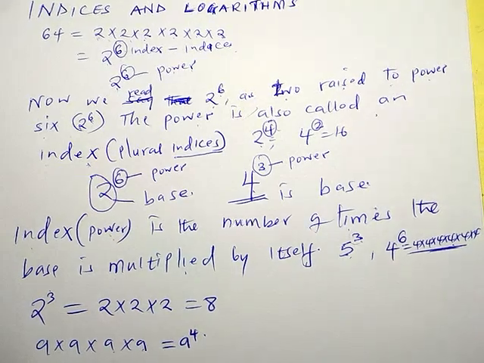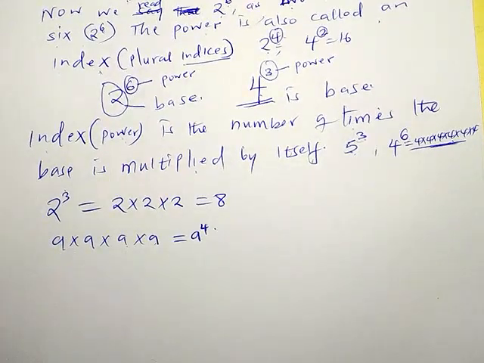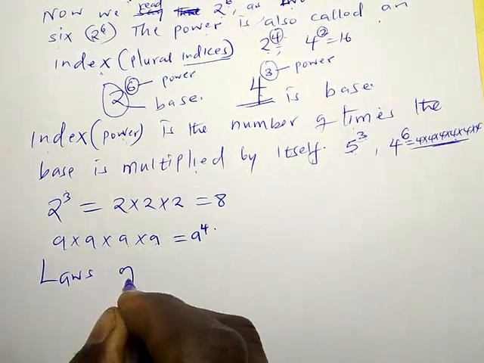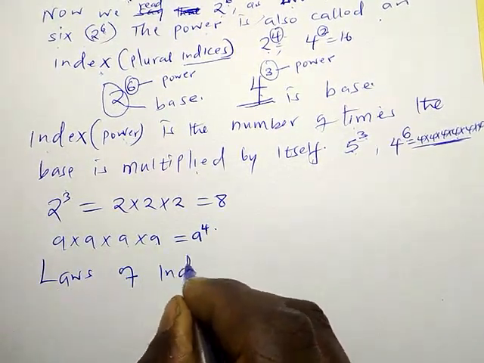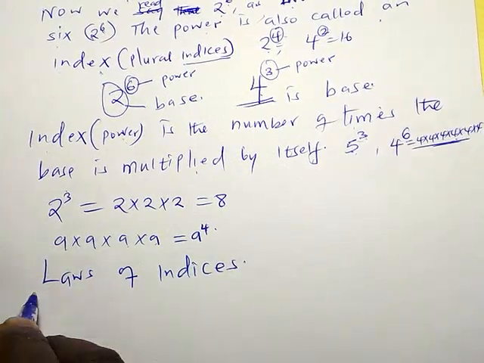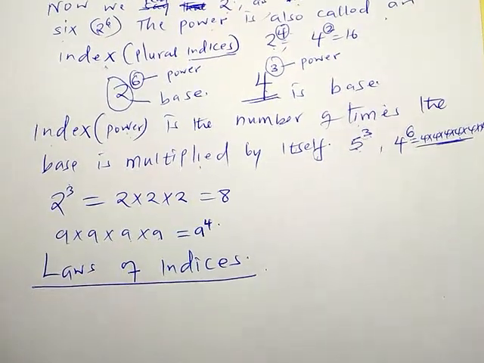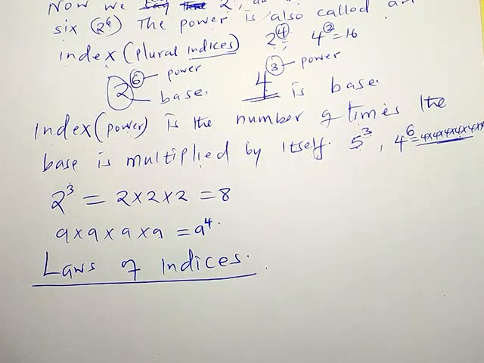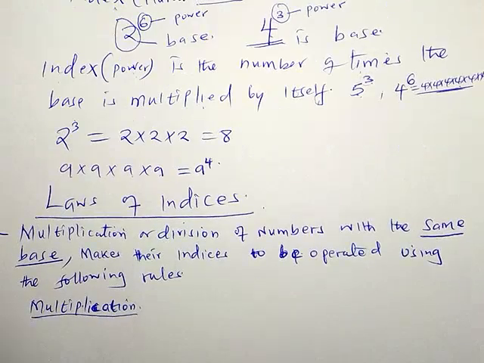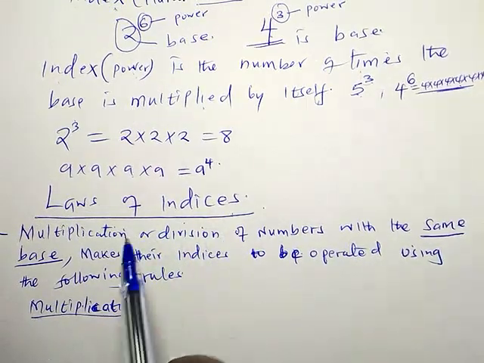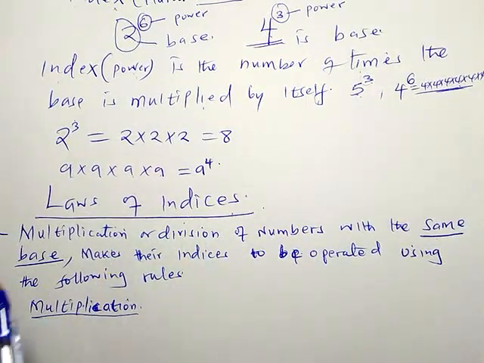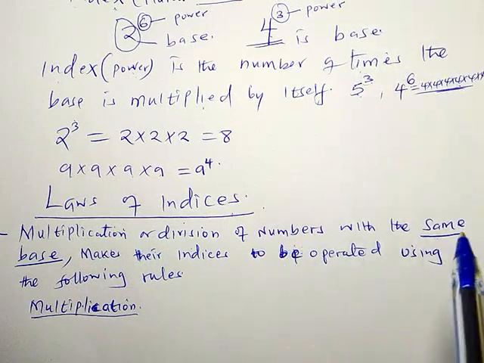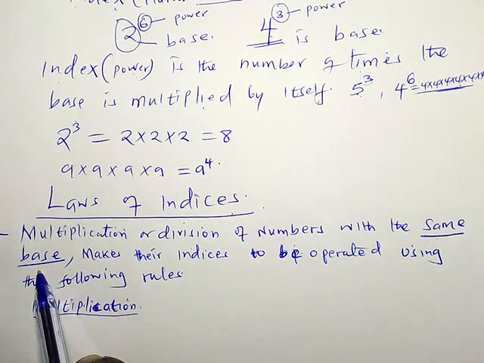Now the next thing we want to look at is the laws of indices. Indices has got laws which we must master and understand for us to pass in mathematics. Laws of indices. Multiplication or division of numbers with the same base.